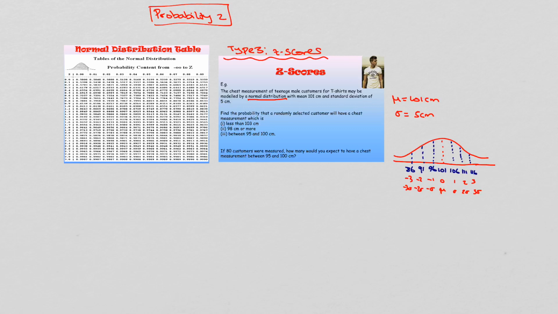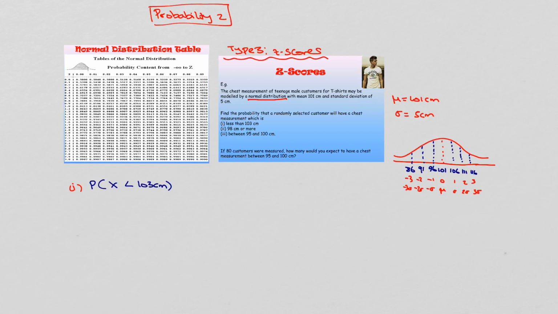The first thing it wants us to do is find the probability that the customer will have a chest measurement of less than 103 centimetres. That is saying the probability that x, our variable, is less than 103 centimetres. Of course I can't use my tables for this, I need a z-score to represent that.